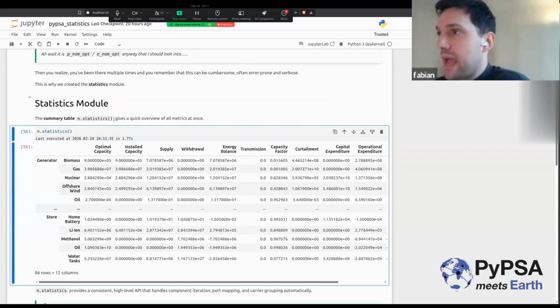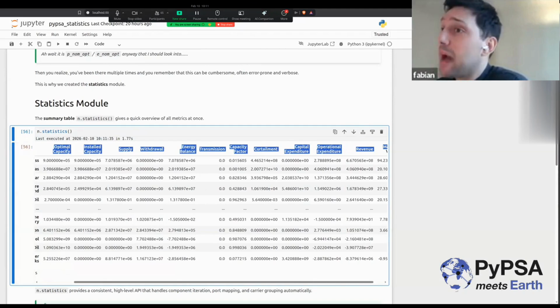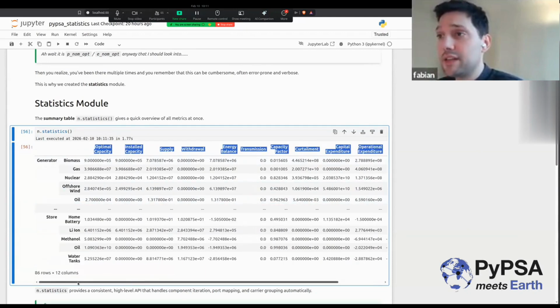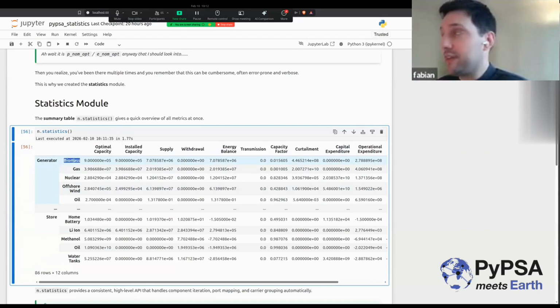On the top, we have columns which indicate different things: optimal capacity, installed capacity, supply, withdrawal, energy balance, and so on. On the left-hand side, in the index, we have a multi-index, right? We have multiple levels, where the first level indicates which PyPSA component we are actually talking about, and the second one gives you the carrier of that component.